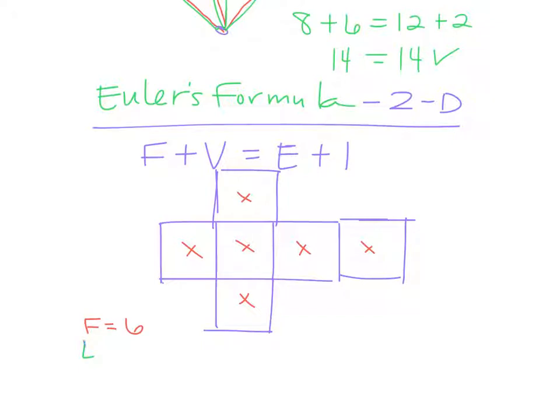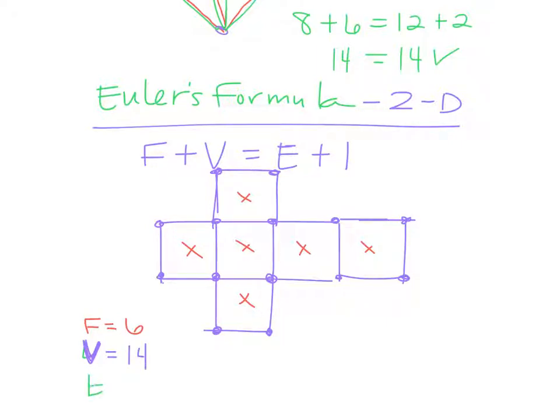Actually, let's just do vertices next. How many vertices? And I would say it's helpful to just mark these as you go so you don't double count anything or you don't miss anything. So maybe mark it as you go. 1, 2, 3, 4, 5, 6, 7, 8, 9, 10, 11, 12, 13, 14. Okay, 14 vertices.